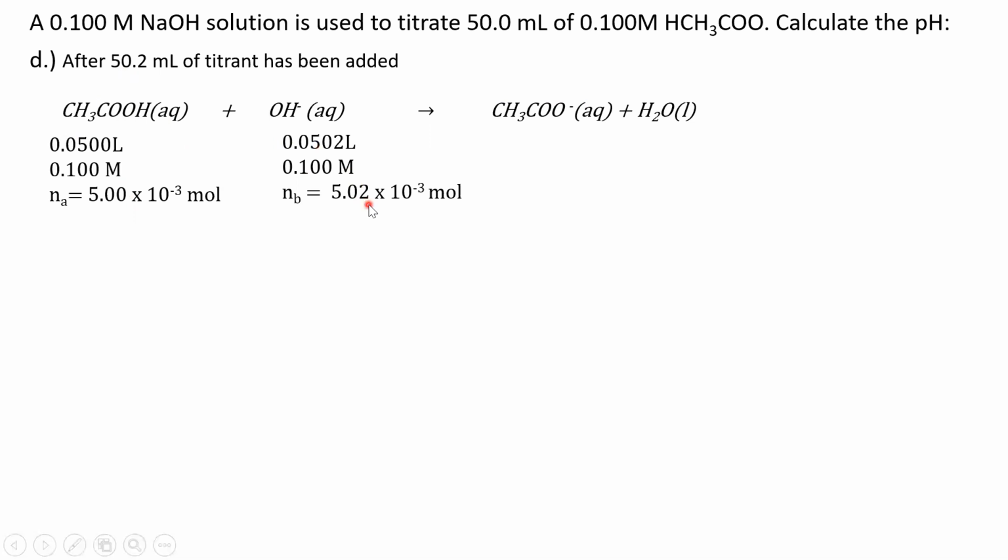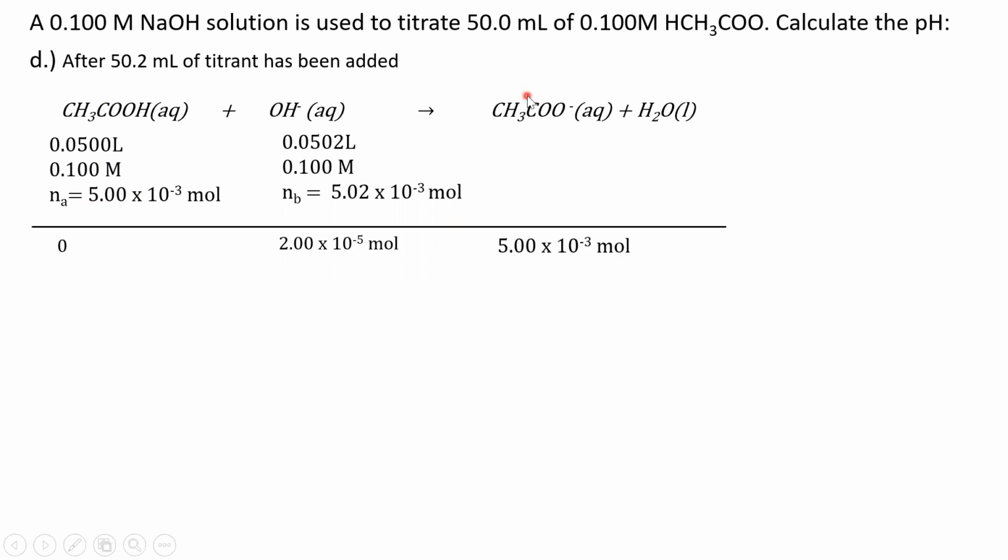That means the hydroxide is the excess reactant. The acid is the limiting reactant. So all of the acid is going to be reacted. Most of the base is going to be reacted, but we're going to have a little bit left over.